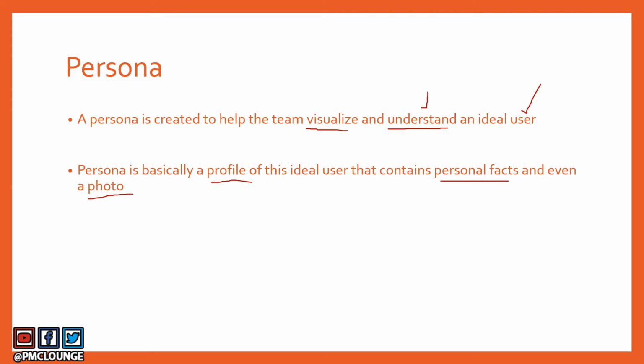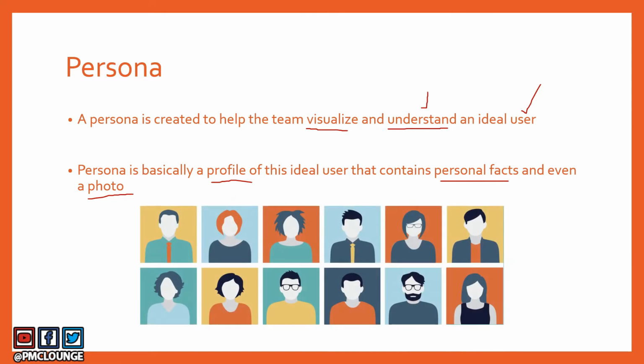That is why you saw that first slide with all these different faces, different people, because these could all be personas. Later in this video, I'll show you how a persona is created. I'll give you a sample persona as well. So stick around.